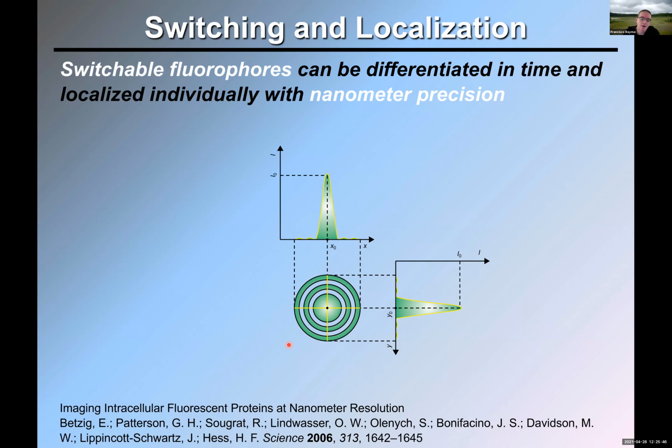So acquiring one of these images might require a few minutes. And during the time that is required to localize them, the fluorophores cannot move. So there cannot be any significant diffusion. Otherwise, the whole idea falls apart. So there are some limitations, but still, the final result is the ability to acquire images with a resolution that is of the order of a few nanometers.